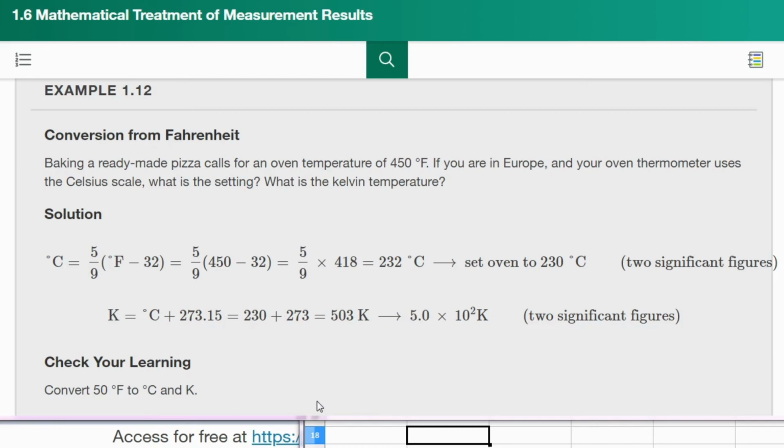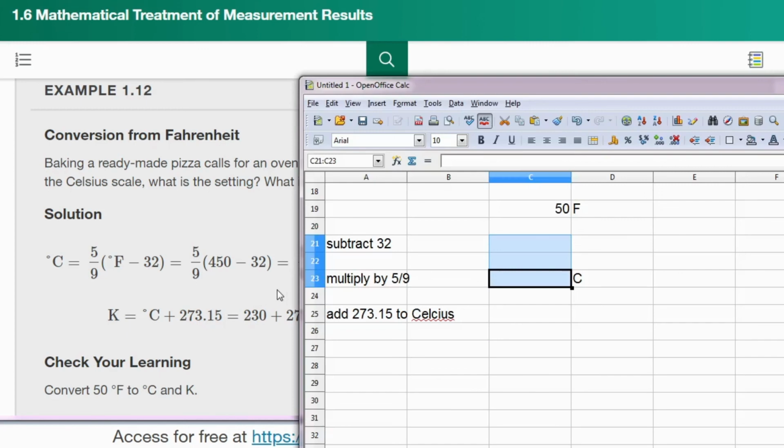Convert 50 degrees Fahrenheit to Celsius and Kelvin. The first thing to do is convert the Fahrenheit to Celsius. It's not too hard. We have the example right here. Take the degrees Fahrenheit and subtract 32.